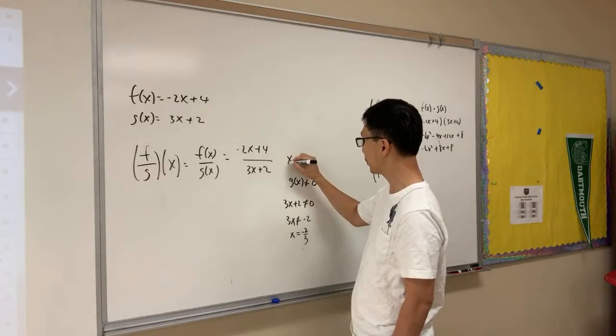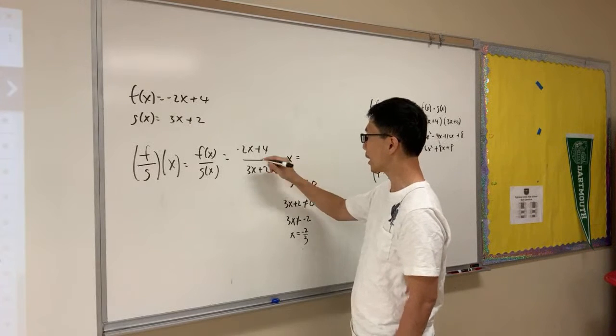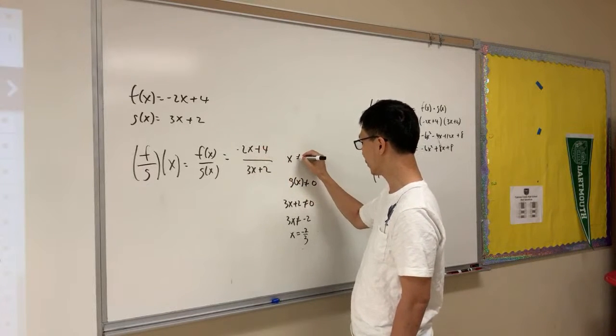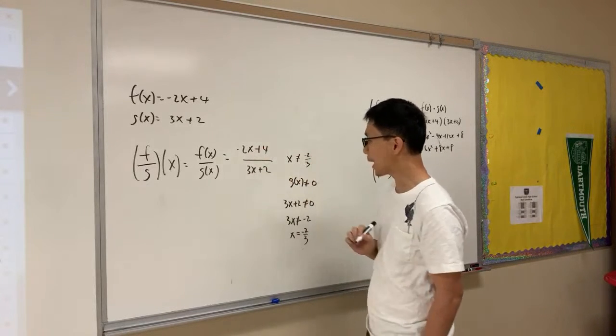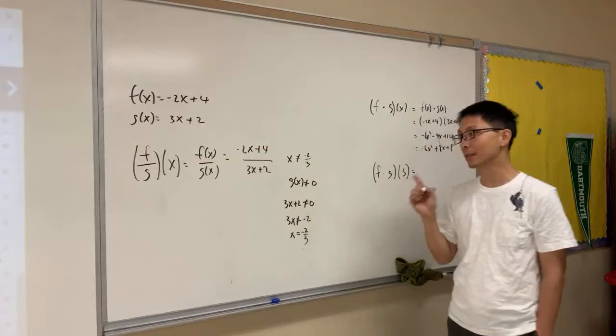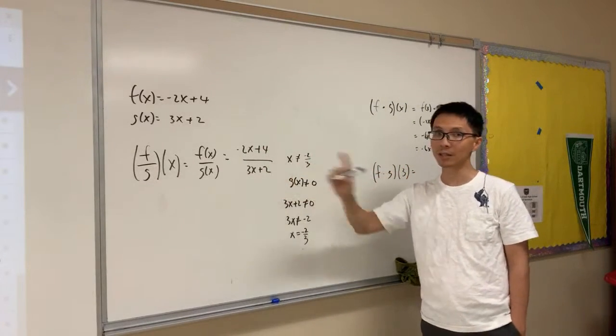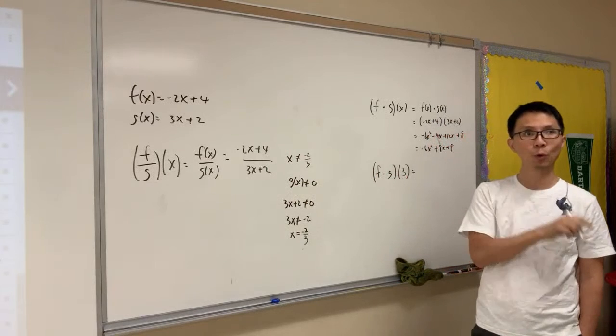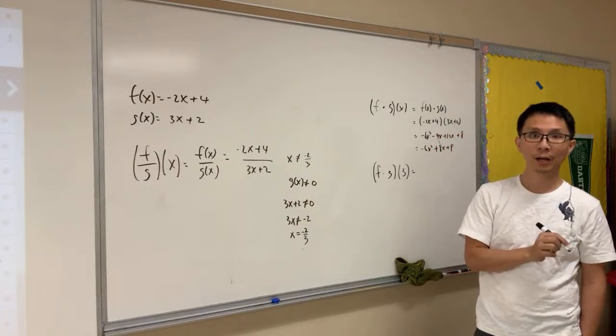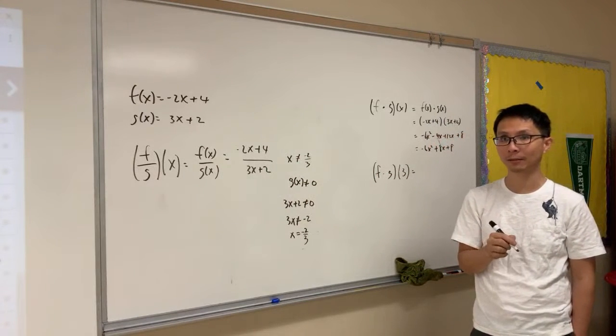So you have to list that x can be anything in this function, but not including x equal to negative 2 over 3, because that's the part that's going to cause this function to be undefined, and you have to worry about that. Very, very important.